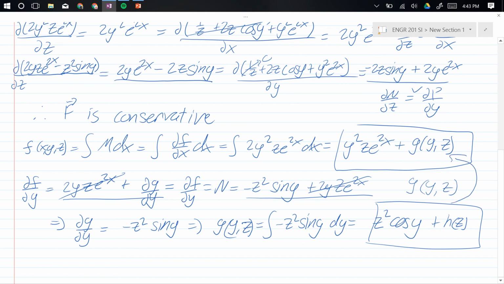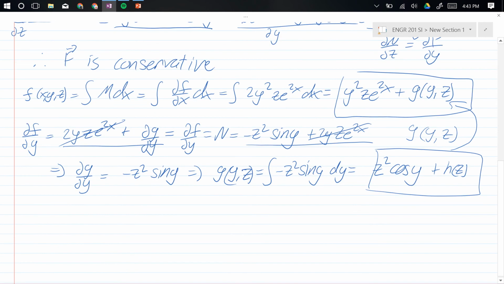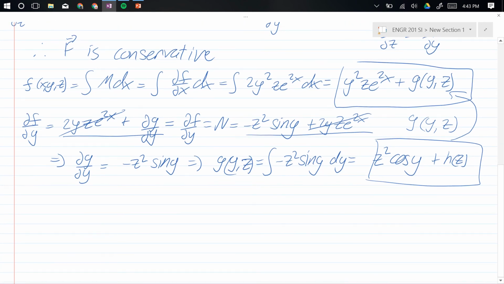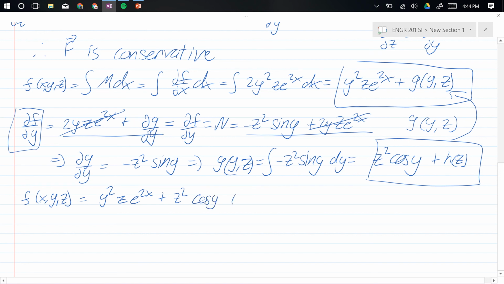So we have part of the puzzle. Now we have to break it down even more, so we do the same thing that we did. We found the partial of f with respect to y, but now we have to do the partial of f with respect to z. And when we do that, we also have to include what we found earlier. So to rewrite it, we have f of x, y, z equal to y squared z e to the 2x, plus our g of y, z, which is z squared cosine y plus h sub z.